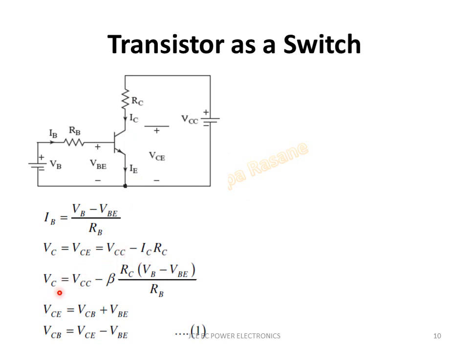Next, I will substitute basically for IC here. So VCC remains as it is minus beta times IB. IB is VB minus VBE upon RB. So beta times IB is VB minus VBE upon RB into this RC. So this is your VC equation, that is VCE equation.